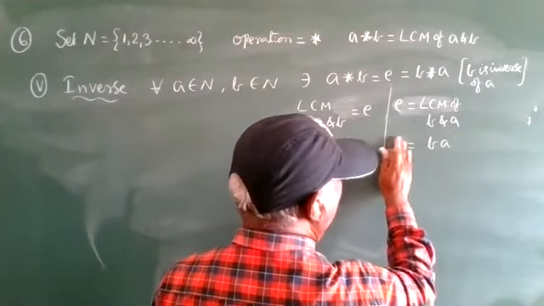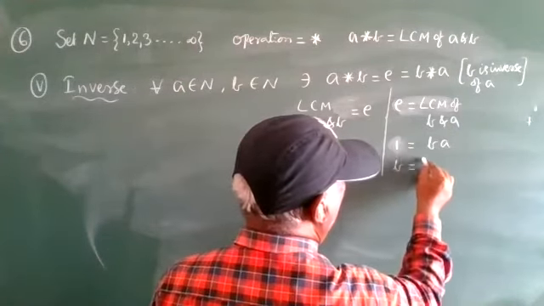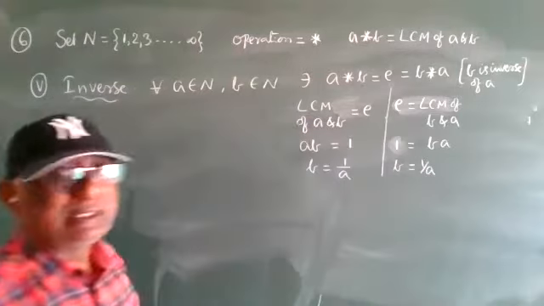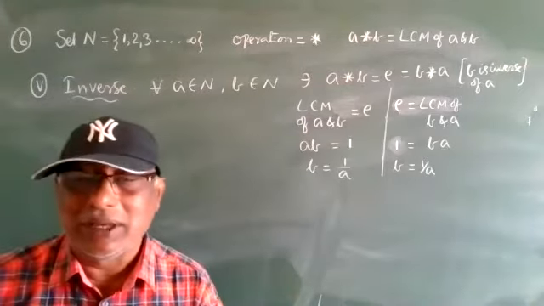E value is 1. Therefore B is equal to 1 by A, so the inverse of A is 1 by A.